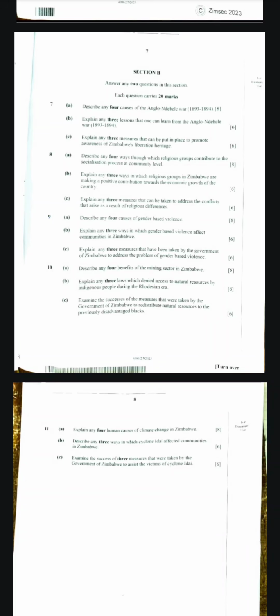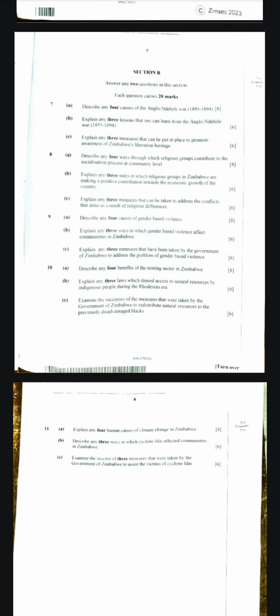What is important is to know the mark allocation. The mark allocations help you to give the rightful information, in line with the mark allocation.